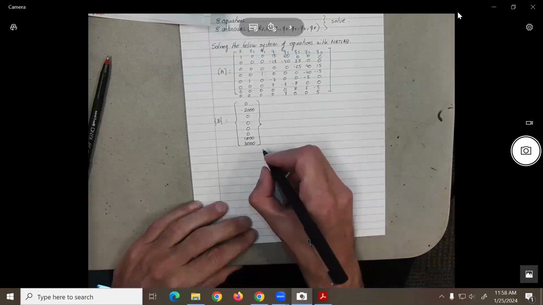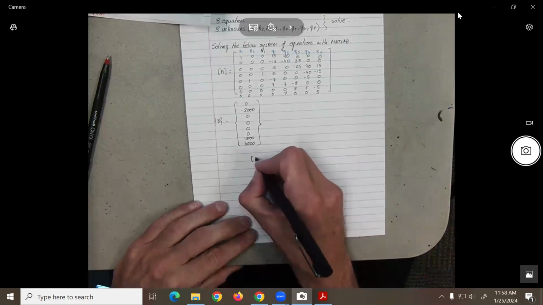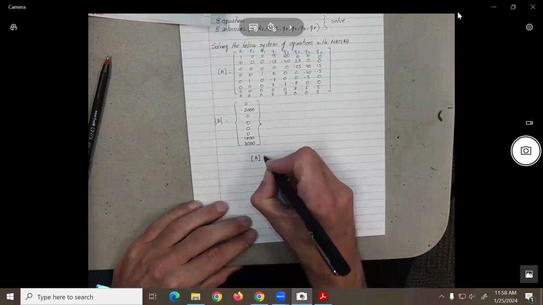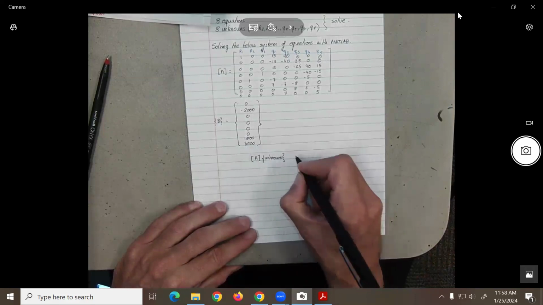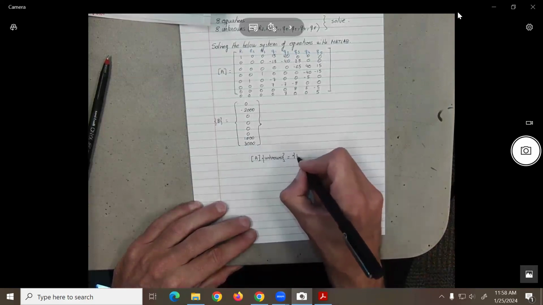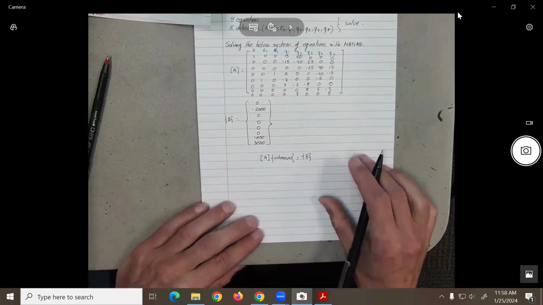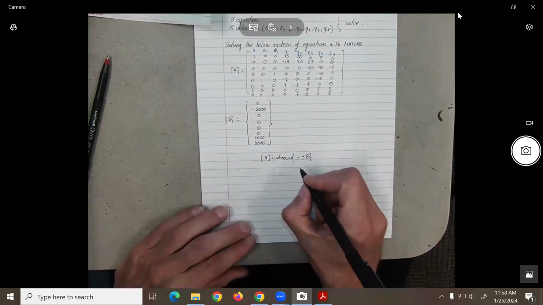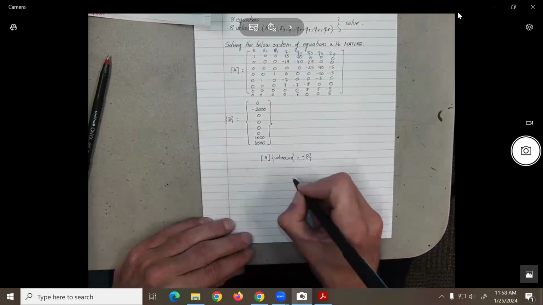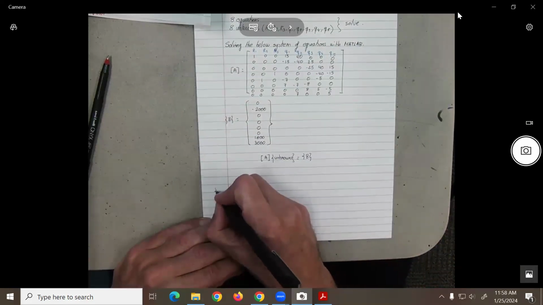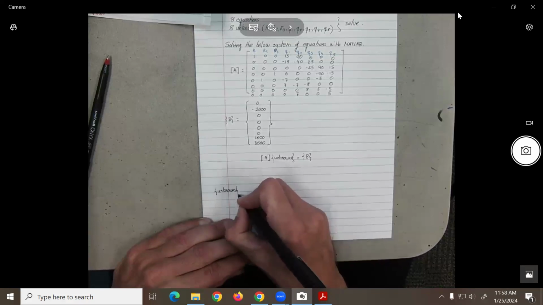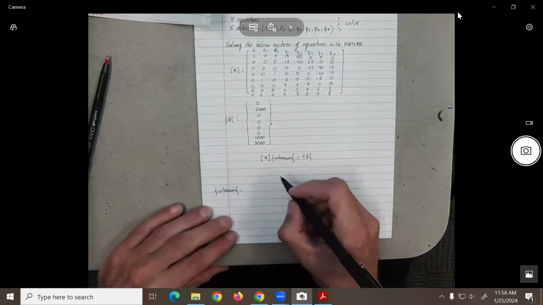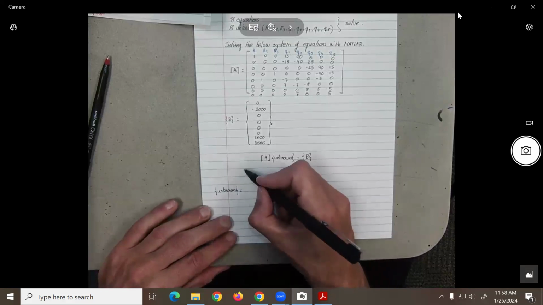Okay, so basically what we have here is the system A times the unknowns equals B. So we can say that the unknowns, which are what?